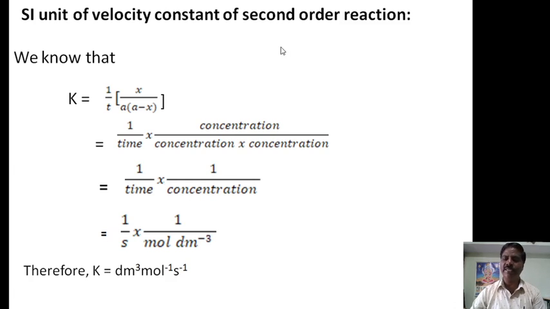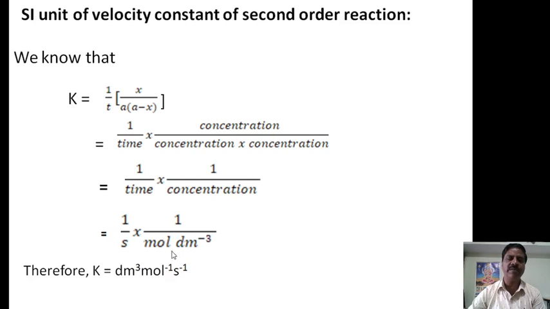But in the SI unit, the time is expressed in terms of seconds, therefore for time I can write s, small s, that is second, and concentration is expressed in terms of mole per cubic decimeter. This is the expression of concentration.